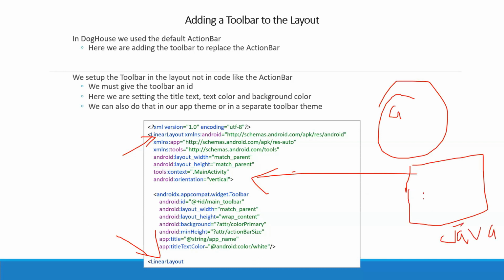Yesterday, we even took an example: if the text ID is email, it will be replaced with at the rate string slash email underscore login. This can be done with the help of string.xml, that means resource type.